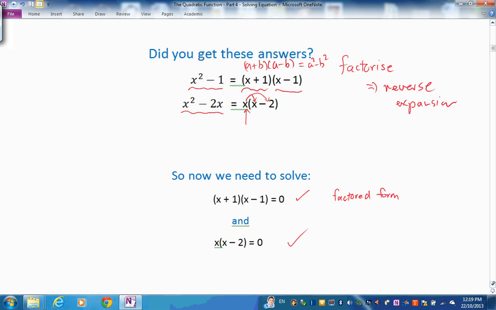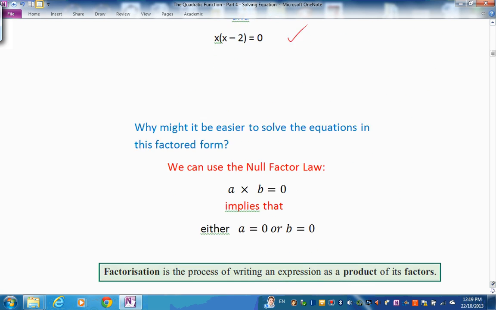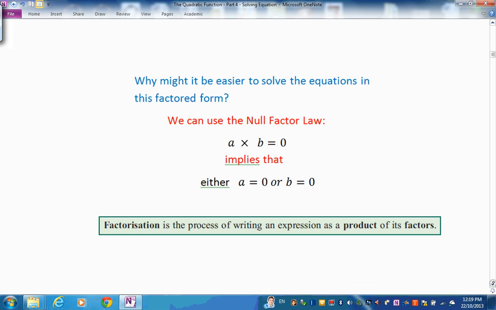Well, I've got something for you here with a really special rule in mathematics, and here's the answer to your burning question. Why might it be easier to solve the equations in this factored form? Because we can use, in red, the hot stuff, the Null Factor Law. If we are told 2 things multiplied give 0, then that implies that one of them must be 0.